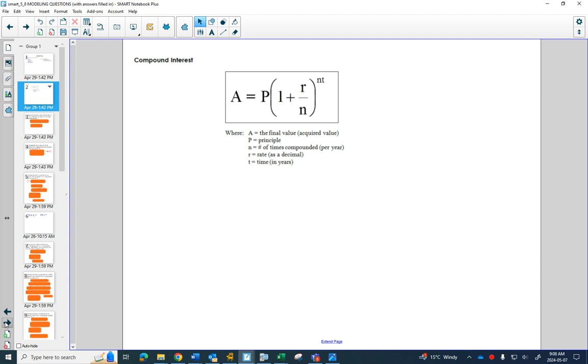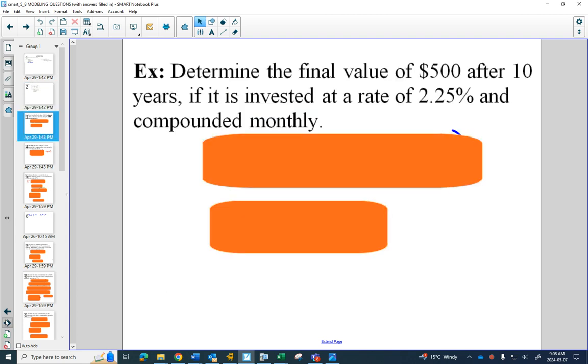They could give you the same formula with different letters, and each of the items will be listed. This is your interest rate as a decimal, time in years, number of times it's compounded per year. And sometimes it's just a matter of, can you plug in the numbers into the formula in the right spot?